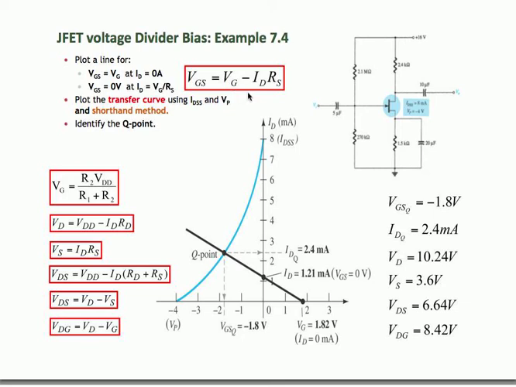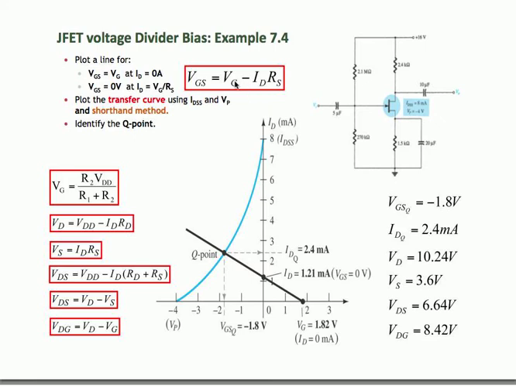And that VG is actually the voltage at the node which is connected to the gate terminal, and VG can be found by using the voltage division rule. So setting ID equal to 0 gives you VGS equal to VG, and that is the point over here. So that's your first point.